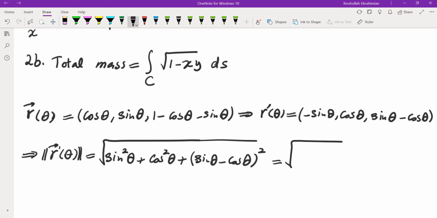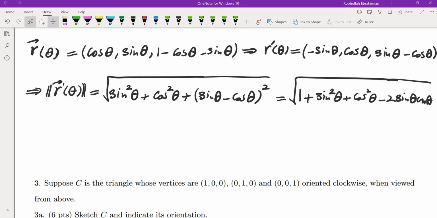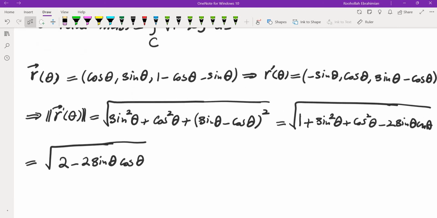So this is going to be square root of 1, since sine squared plus cosine squared is 1, plus sine squared plus cosine squared minus 2 sine theta cosine theta. And again, we have another 1 right there. So we get 2 minus 2 sine theta cosine of theta. So that's the magnitude of r prime.